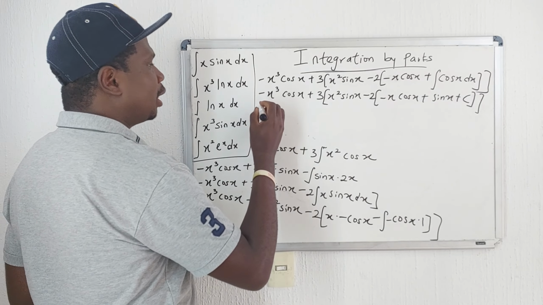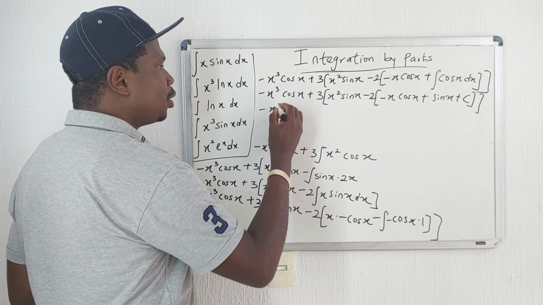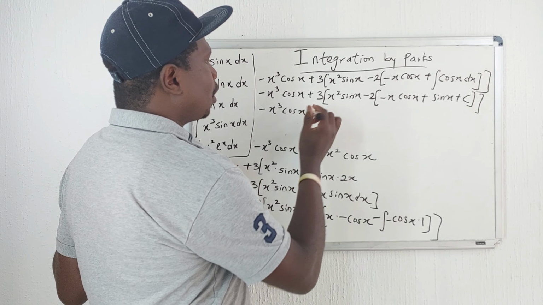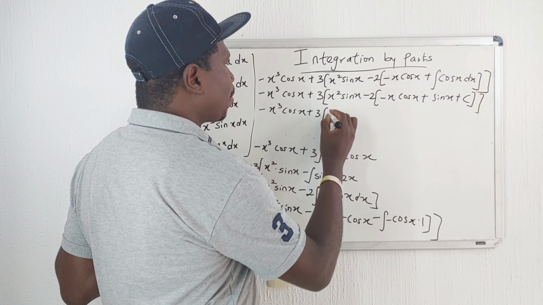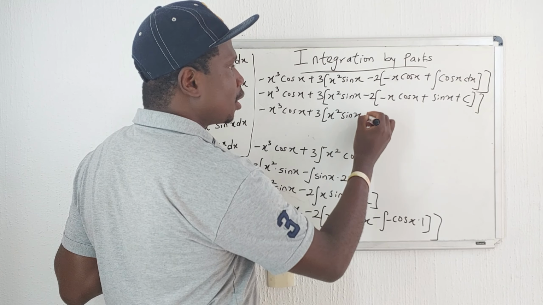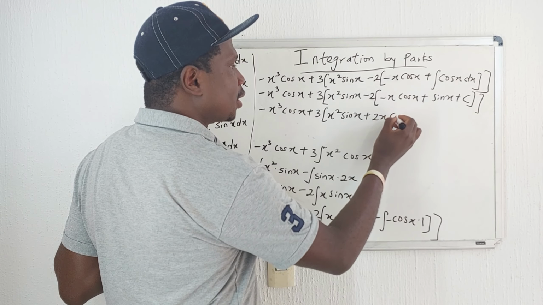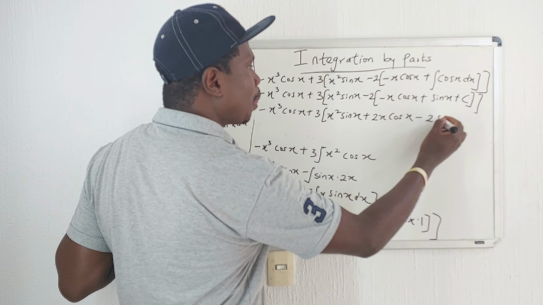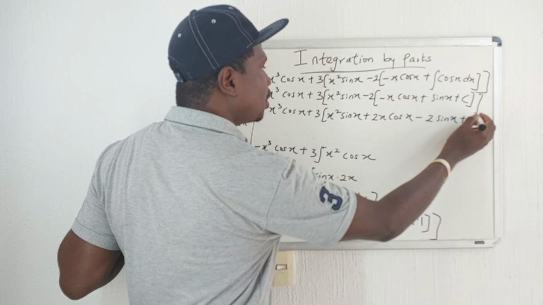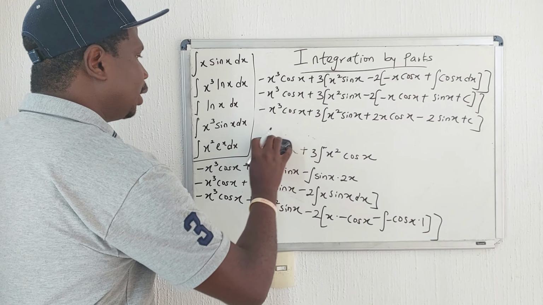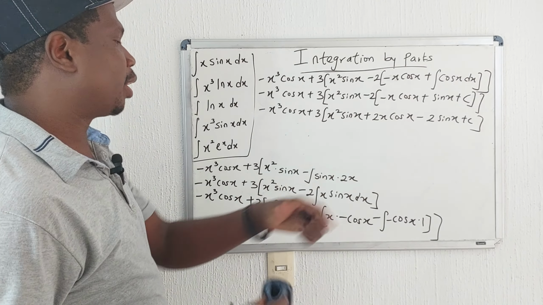Then simplifying, I have minus x cubed cos x plus 3 x squared sine x, minus times minus plus 2x cos x, minus times plus minus 2 sine x plus c. Close the outer brackets. Then I have the last brackets to expand.